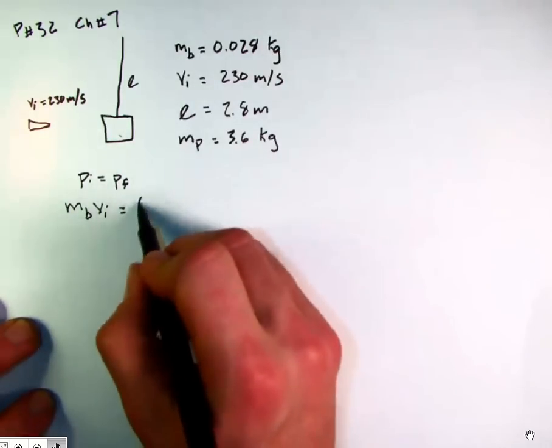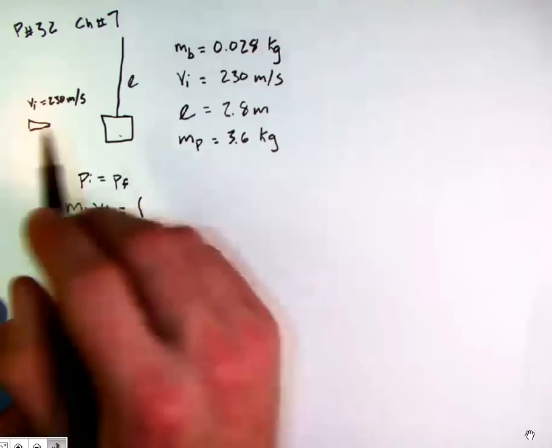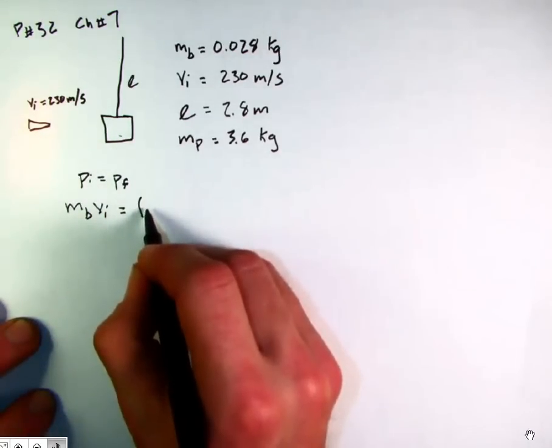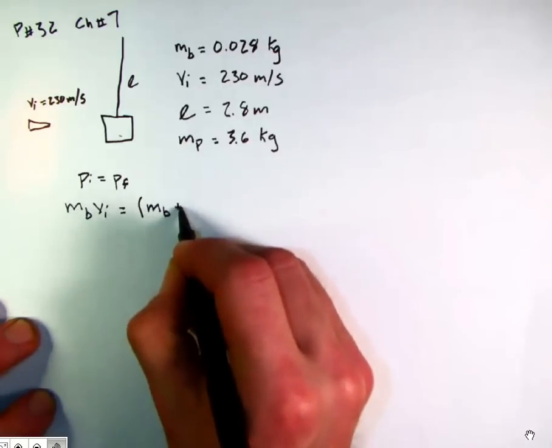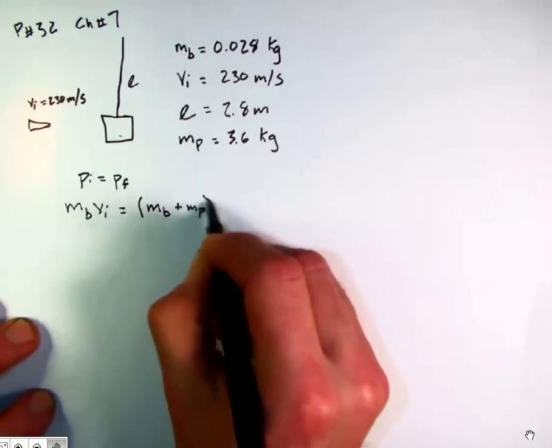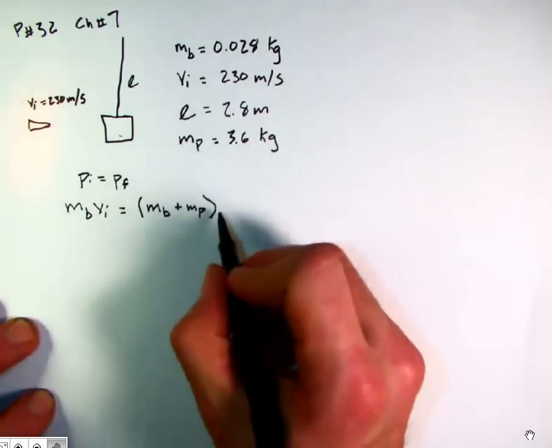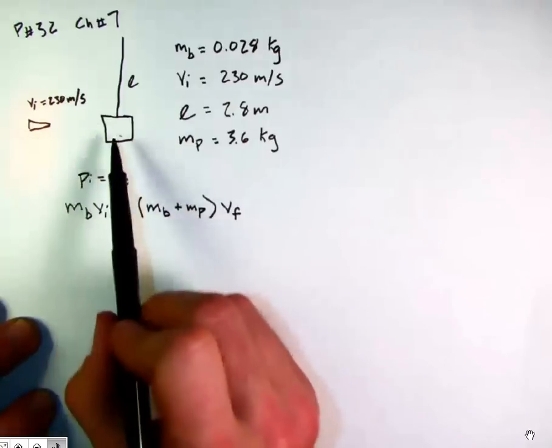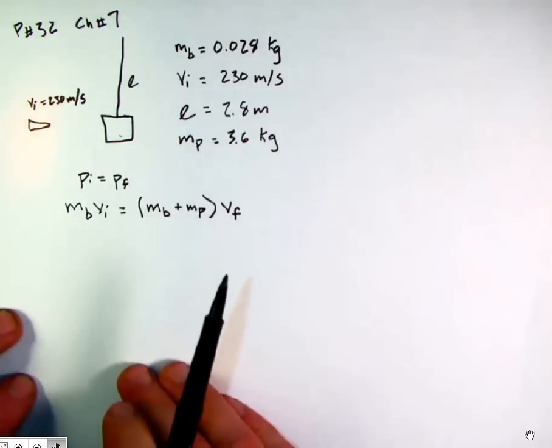So we now have basically one object. We started with two, and we're going to end with just one. This object would have a mass equal to the combined mass of the pendulum and the bullet, and it would have some speed v sub f, where v sub f is the speed that the pendulum is going to start moving to the right with.